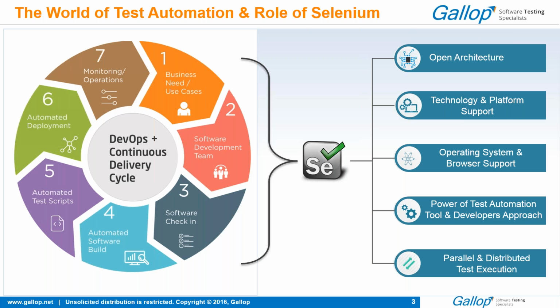So during this time, now for an easy integration with all these phases, and for reusability, the preference is changing to choose automation technology close to the development technology.